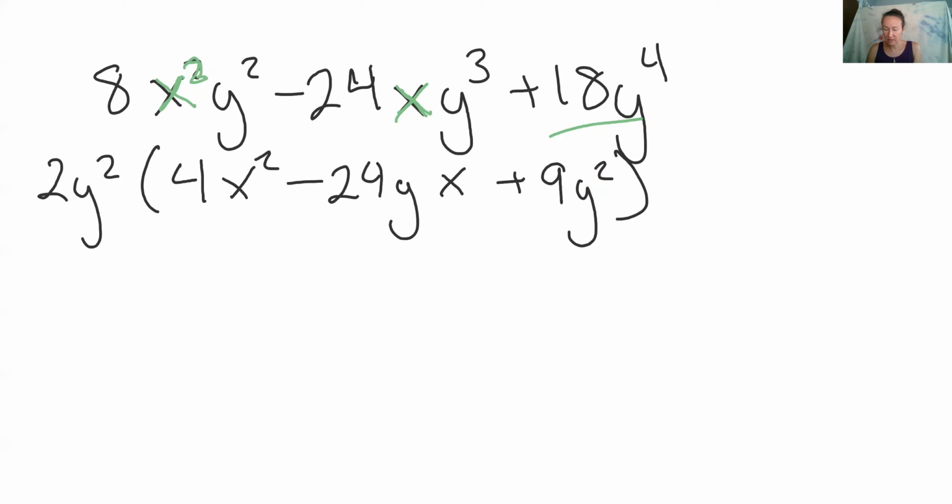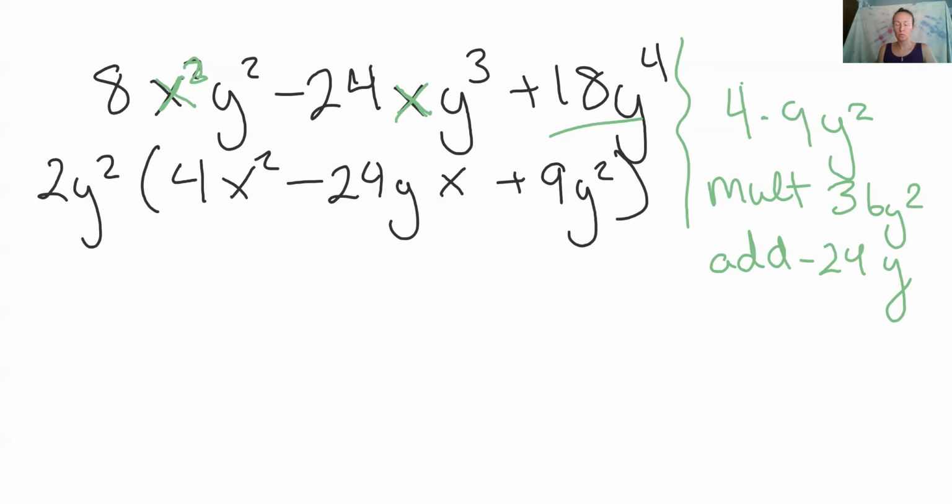So if we want to factor by grouping, before I talk about that, one thing you might notice here is that what we are left with is actually a perfect square.